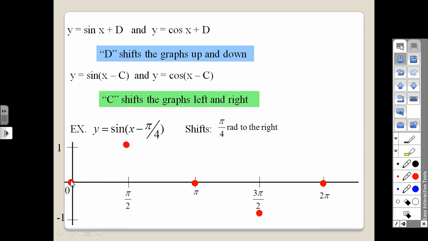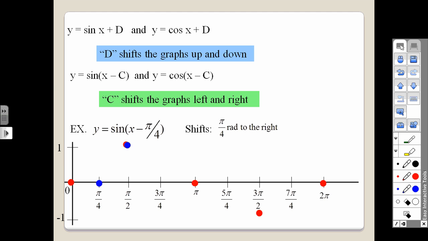So this point here has to move pi over 4 radians. From 0 to pi over 2, pi over 4 is half of that. So we're going to break up our axes into pi over 4s instead of pi over 2s. Now you can see that this point right here gets shifted to pi over 4.